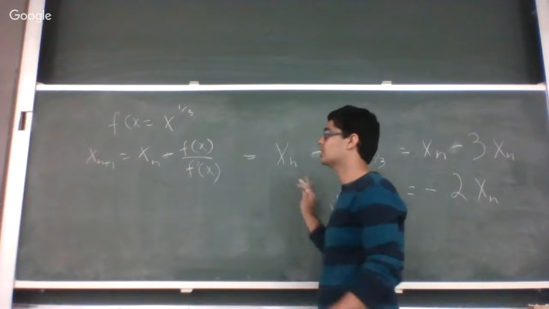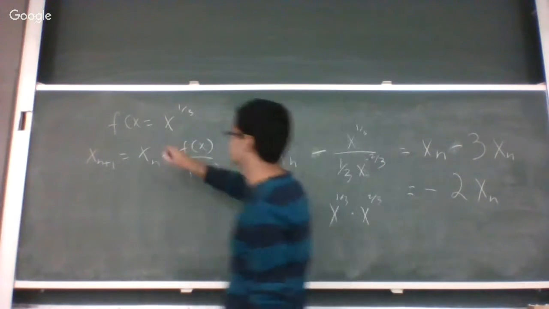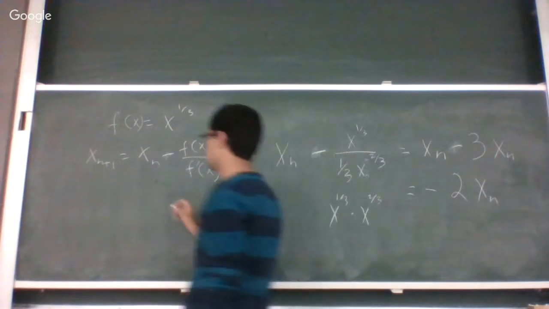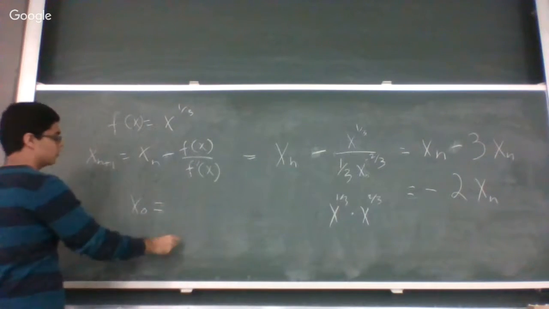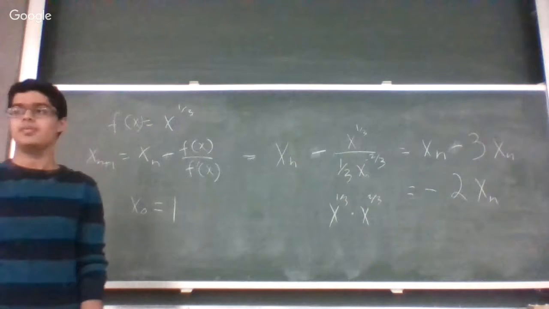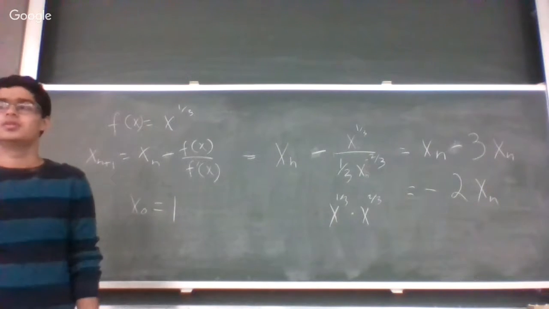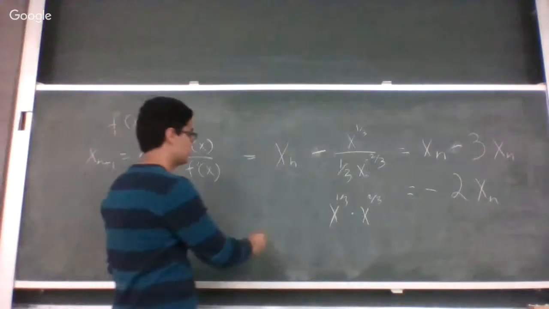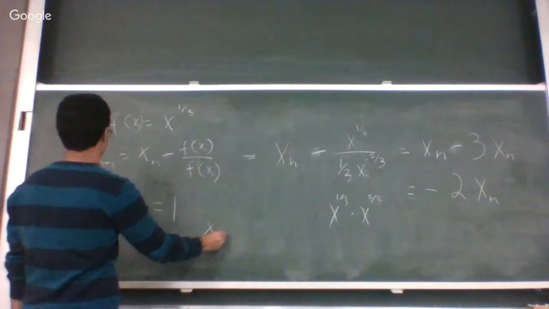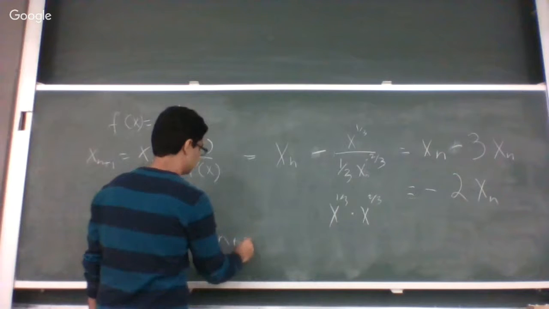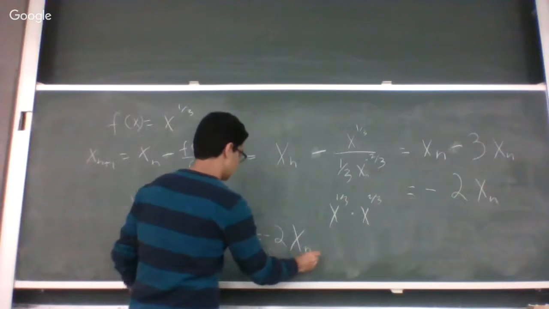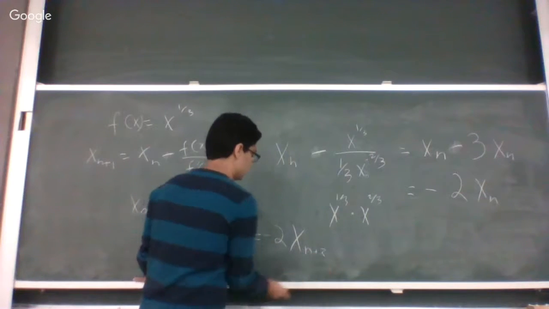The starting is x sub n. And then they tell you, what if x sub 0 is equal to 1? We plug in 1.